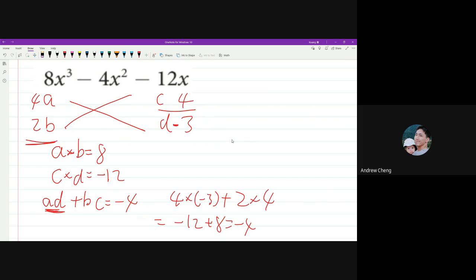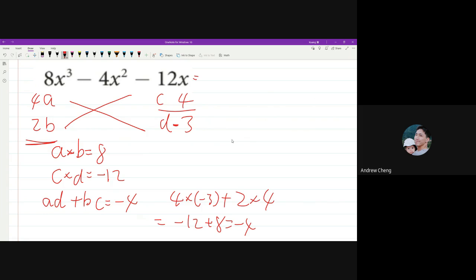Because I have experience, I can try just 2 steps and find it out. For you, maybe you need to try more times, but you have to practice to reduce the time solving equations like this. But first of all, this is not a quadratic, so you have to factor out x first.